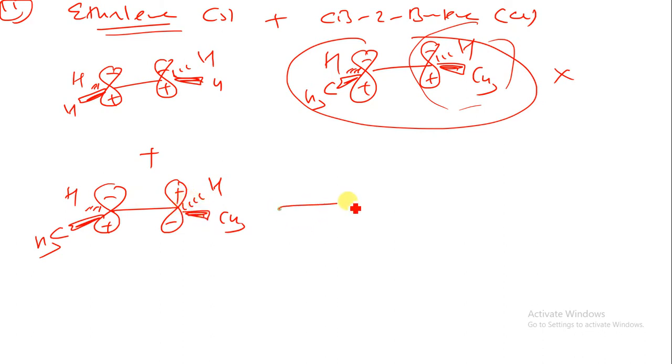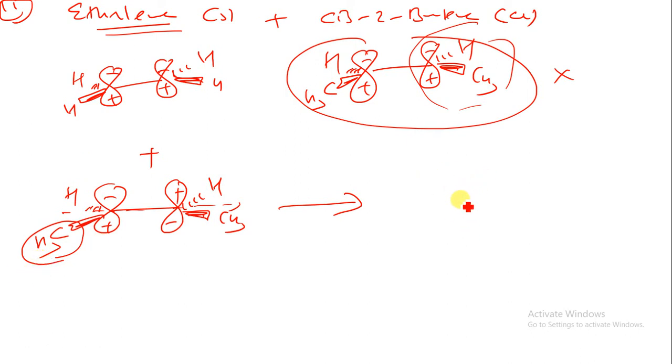You have understood that plus and plus will interact, minus and minus interact, but plus and minus will not. So you have to rotate one of the orbitals. Say you rotate this orbital: this CH3 will go upside and hydrogen will go downward.